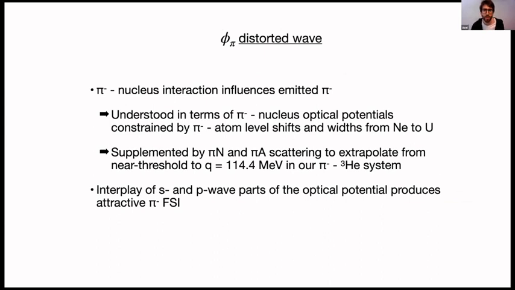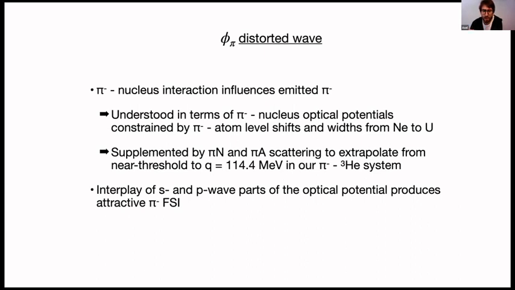This brings me to the other wave function, that of the pion. The strong interaction between the nucleus and the pion influences the emitted pion, and this is understood in terms of optical potentials from pionic atoms.